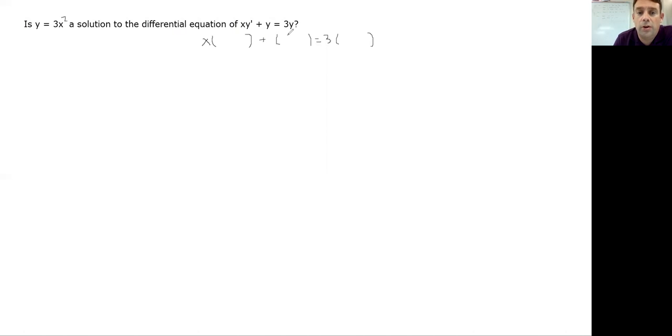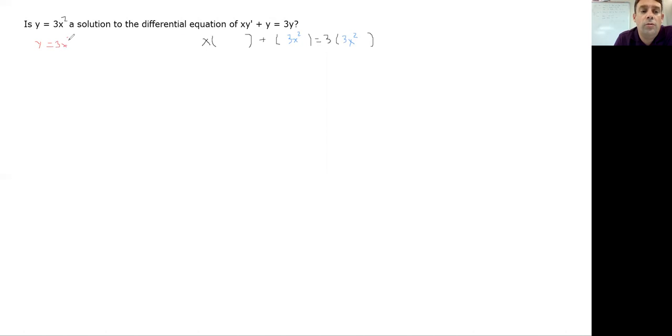We said y was 3x squared. Now, to see if this differential equation is true, I have to figure out what y prime is. So I'm going to be dealing with this idea of a derivative.